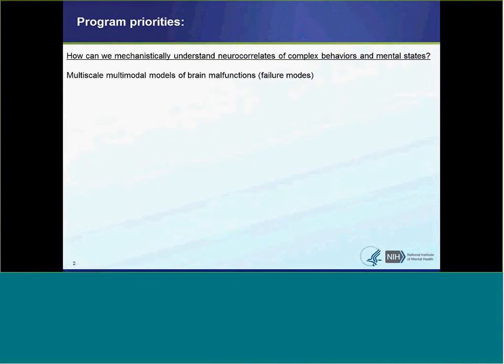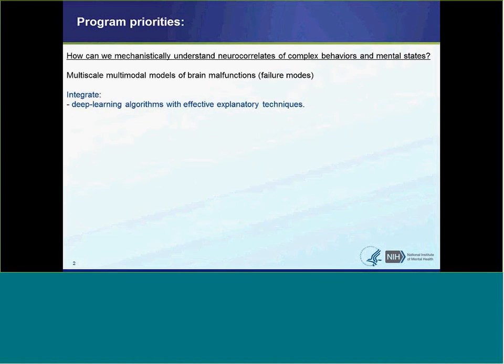There are several priorities in this program, and one is trying to understand, if we have a multi-scale model that is also multimodal in the inputs that it takes in, what is the brain malfunction, or the failure mode, for specific mental health pathologies such as schizophrenia, depression, or any of our priorities.